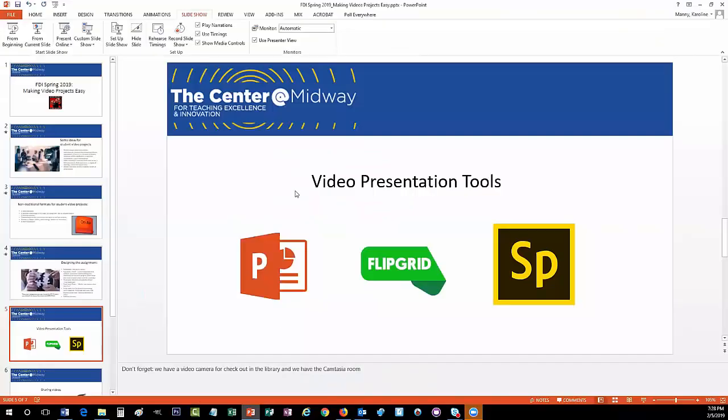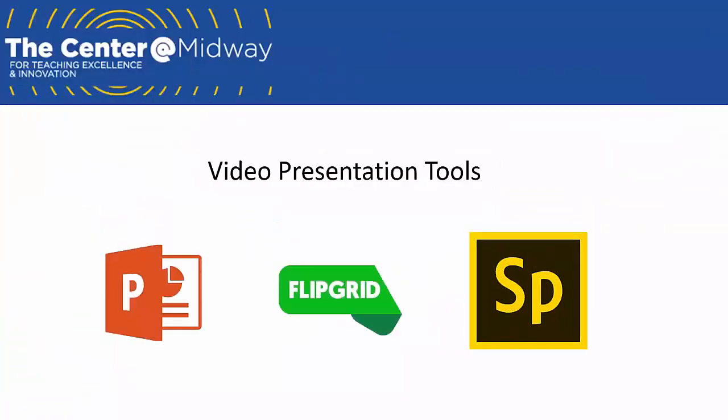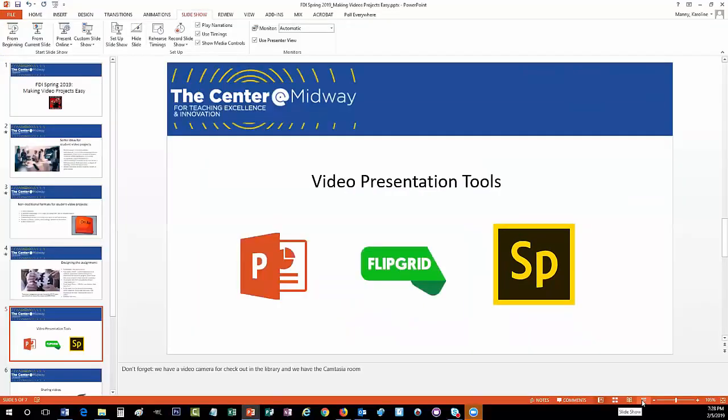For the PowerPoint, when you use the slideshow, record slideshow, when you are finished and you click end, so I'm here and I've gone through all of my slides, and then I click escape to go back out of presentation mode, then it comes up and it says that it has a recording to save, and where would you like to save it.